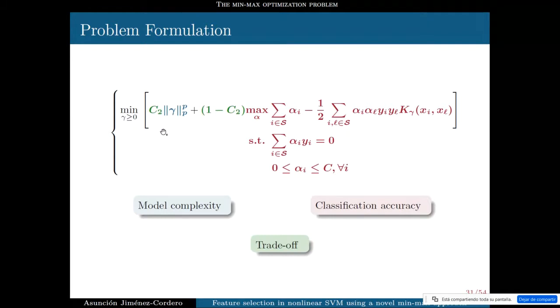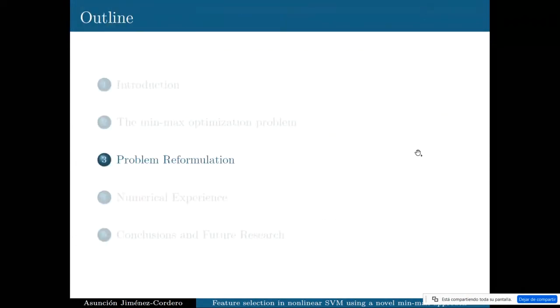And we add here two terms, the convex combination, to do a trade-off between the model complexity and the classification accuracy. So the higher the C2, the more simple is the model, and the lower the C2, the more importance I will give to the accuracy.